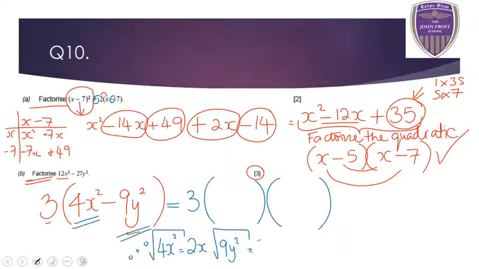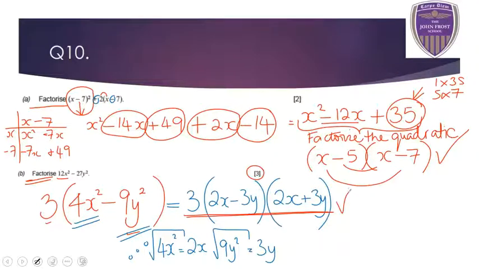That would be 3y. So this is a special type of factorising. When it's a square minus a square, in one bracket, it will be 2x minus 3y, and in the second bracket 2x plus 3y. Okay, so that would be your final answer.